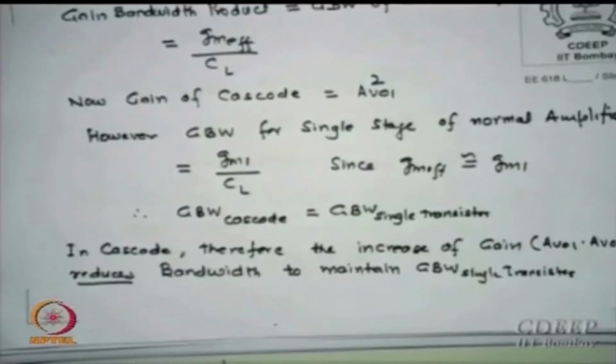So what is it trying to say? The gain bandwidth product of a cascode is same as a single stage amplifier, but from the single stage amplifier what has it changed? Gain, how many times? 1000 times or whatever the gain of that amplifier was initially, that many times I have boosted the gain, but my gain bandwidth product has not changed, is that correct?